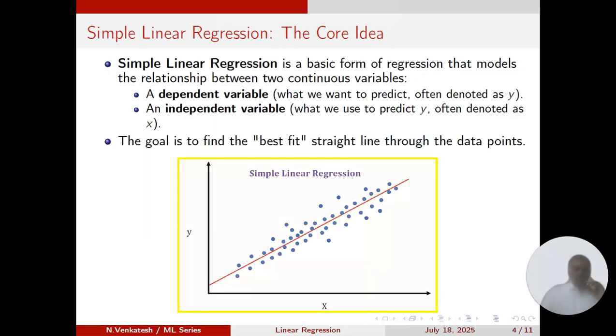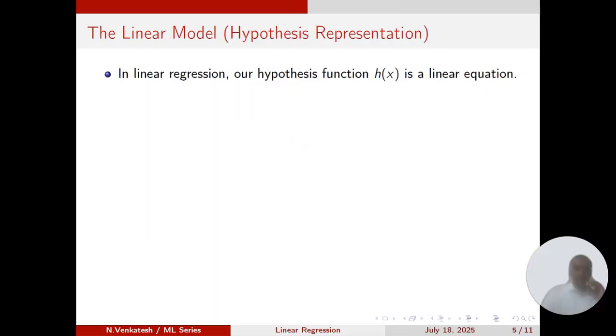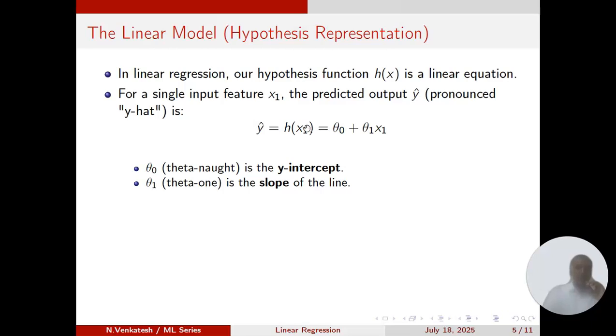Now, to solve this problem, one of the design issues is, how are we going to represent a hypothesis? As we said, it should be a linear relationship. So we are going to consider a linear relationship. Then the hypothesis representation is theta naught plus theta 1 times x.